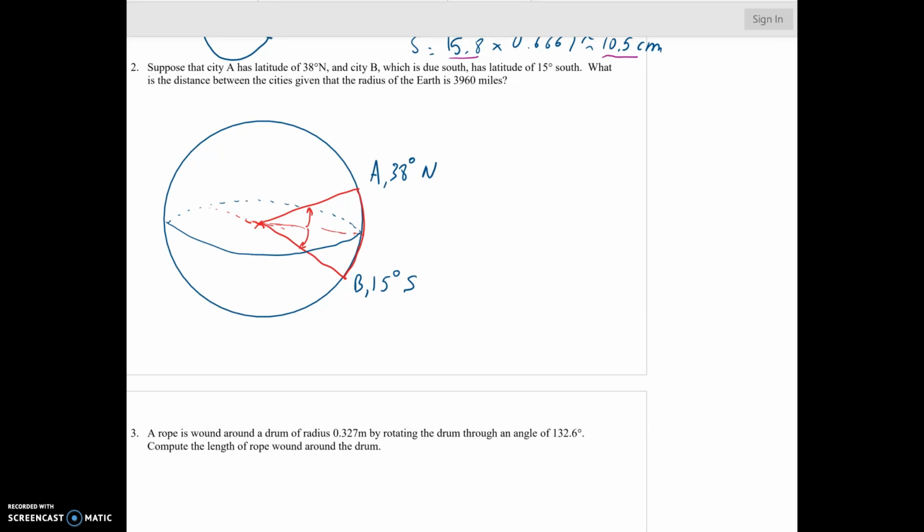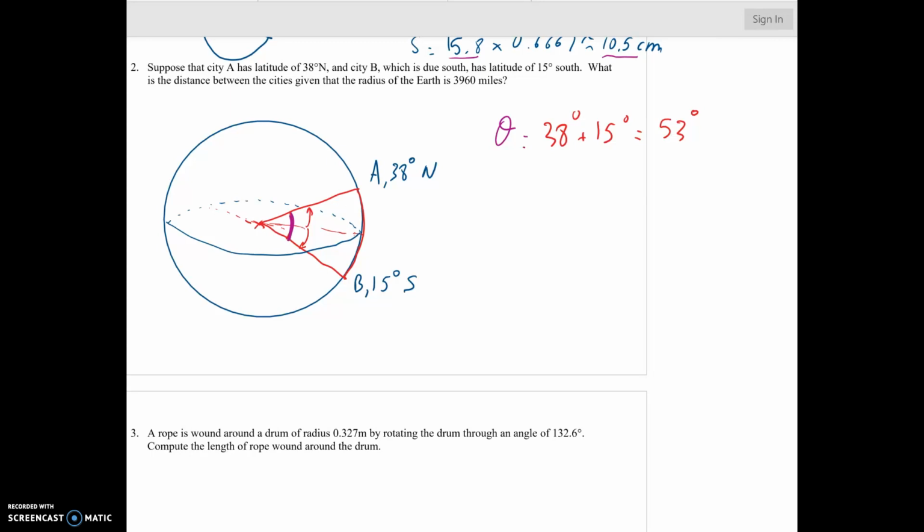I know that the angle associated to city A is 38 degrees north, and the angle associated to city B is 15 degrees south, and to have the angle theta, that is going to be defined, let me use another color right here, as the angle theta equals 38 plus 15 degrees, and that gives me a value for theta equal to 53 degrees.